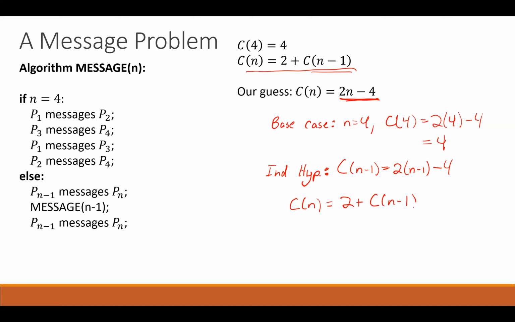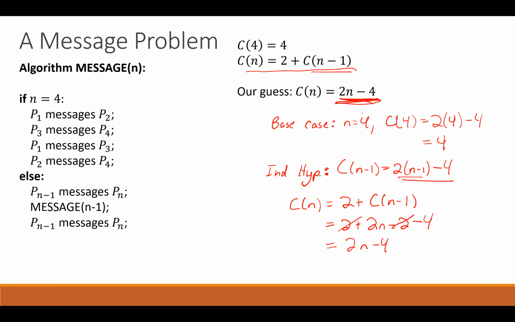C of n is 2 plus C of n minus 1, which is 2 plus 2 times n minus 1. So this is 2n minus 2 minus 4. Right, so I'm just distributing the 2 over the n minus 1. These 2's cancel out, and I get 2n minus 4, which is what I wanted to prove.